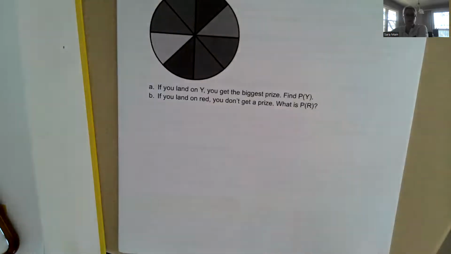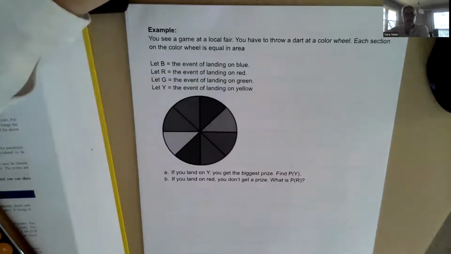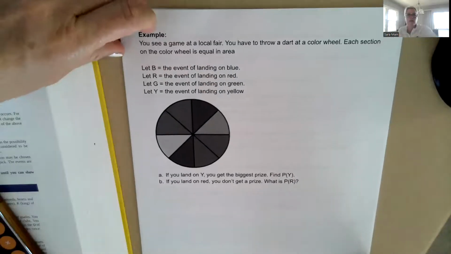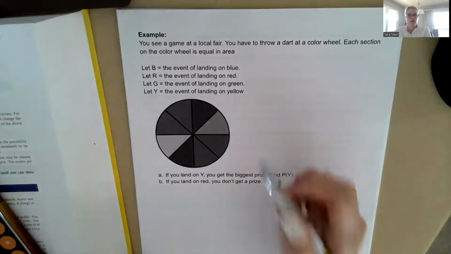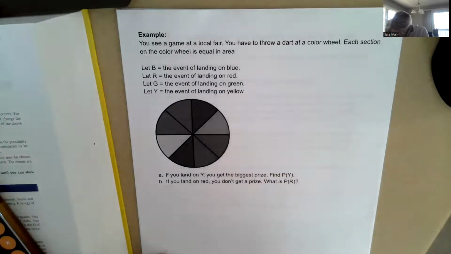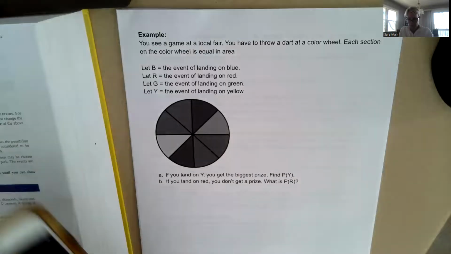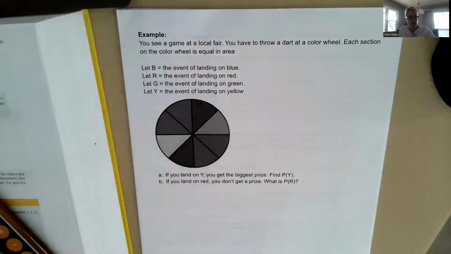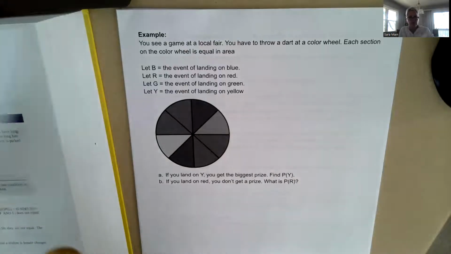We can also look at pie charts. These are hard to see the colors, so I'm going to skip this for now because I wanted to get these in color for you all.